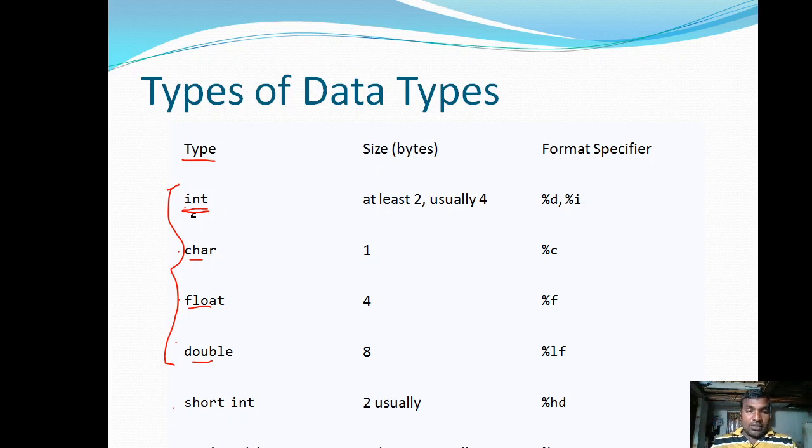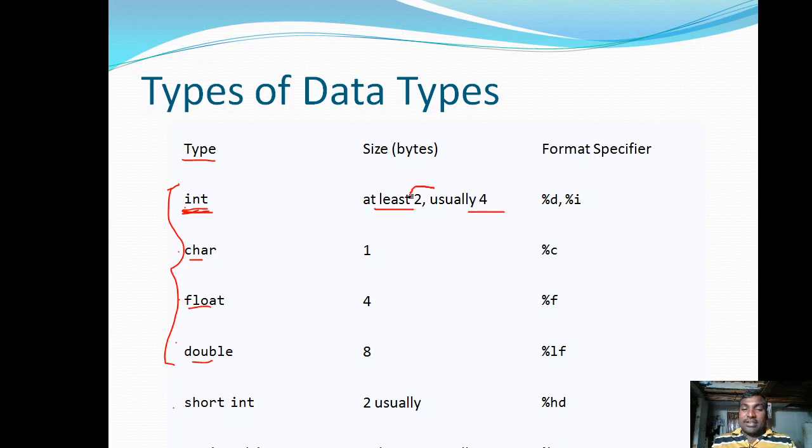First of all, we are discussing the int data type. We use the int data type to handle integer constants. For this data type, it requires usually 4 bytes and at least 2 bytes.